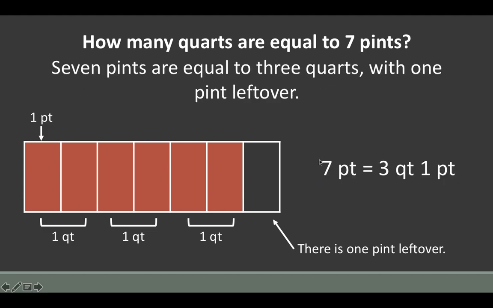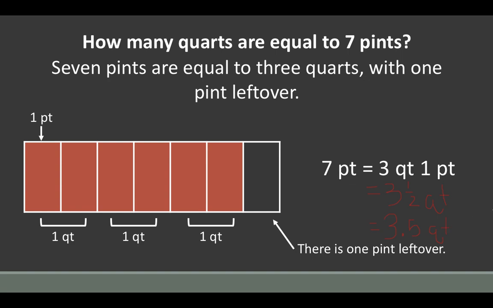So you can either write this as 7 pints equals 3 quarts and 1 pint, or for those of you that really like decimals or fractions, it could also equal 3 and 1/2 quarts, or you could also write it as 3 and 5/10 quarts.